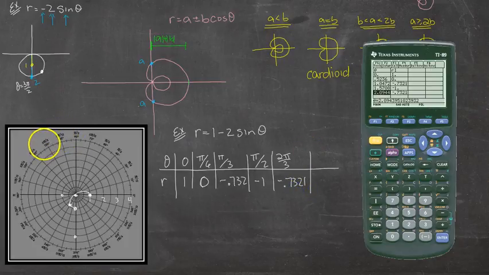So for 2 pi over 3, I'm going to go to the negative 0.7321. Oh, that's the reflection there, right?